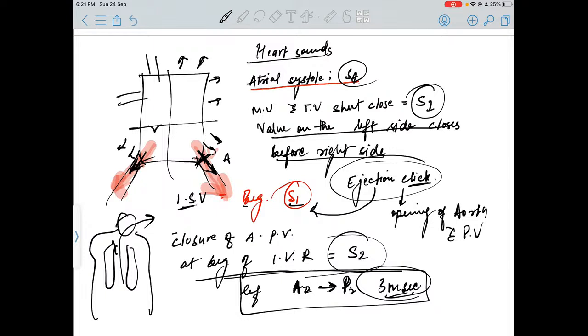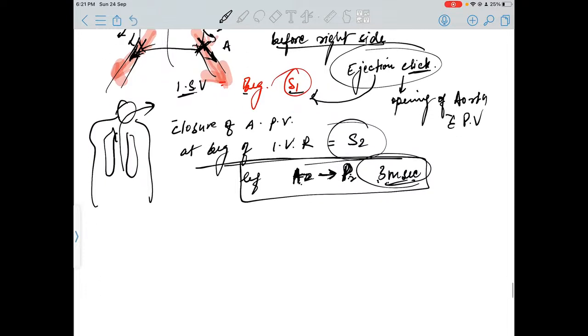A2 closes, P2 is 3 milliseconds after A2 during inspiration, and during expiration it's much closer to the A2 sound. So in expiration there's no such distinction, but during inspiration A2 shuts, the P2 sound can oscillate, and this is the splitting of S2. This is called splitting of S2.